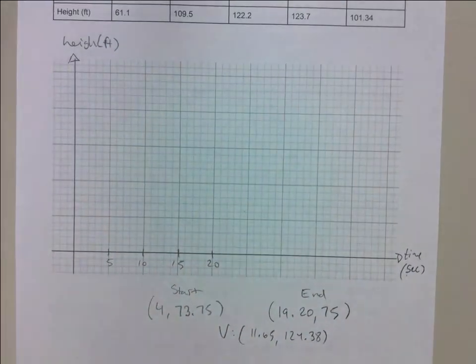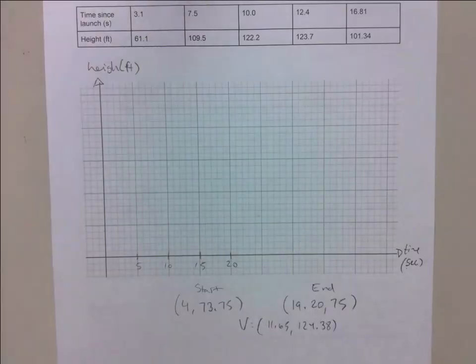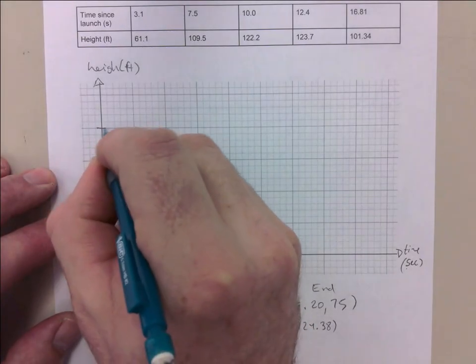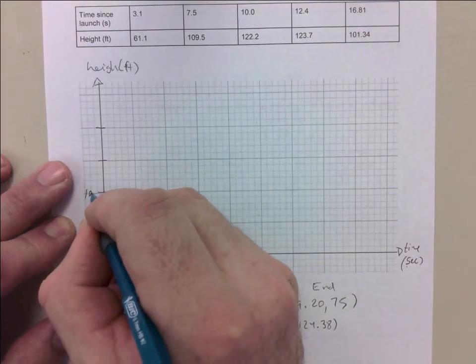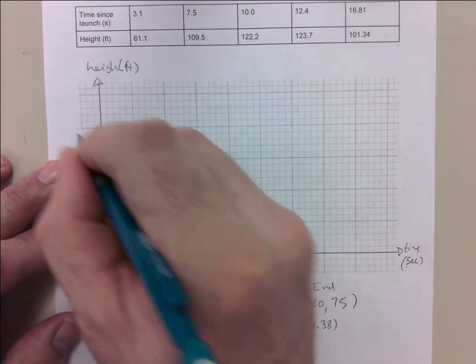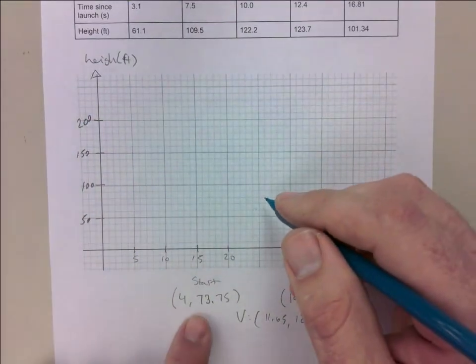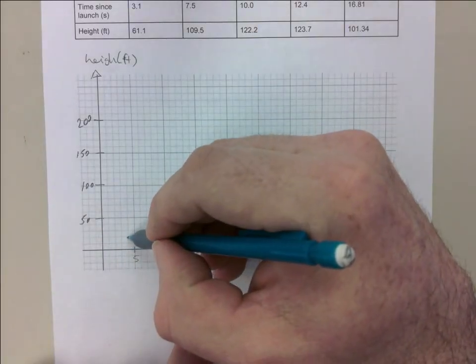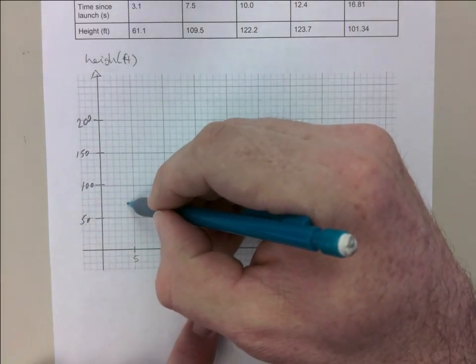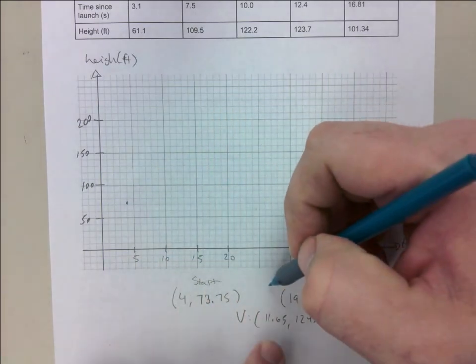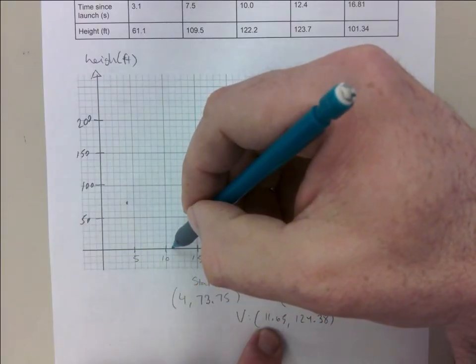Okay? Let me zoom out. So I need to go 50, 100, 150, 200. That'll do it for me. Okay, so 4, 73. This is 4. This is 75. So 73 is just a little under. Then I have 11.65. That's close to 12.